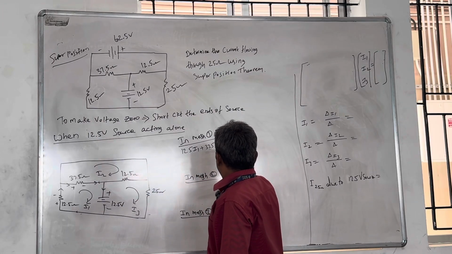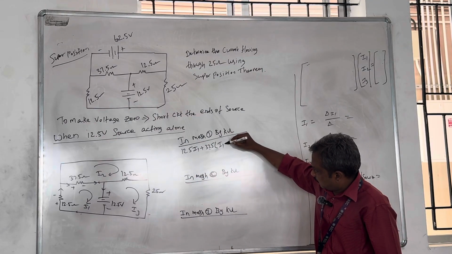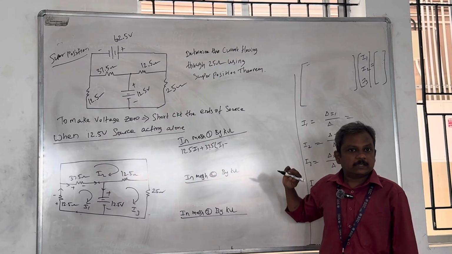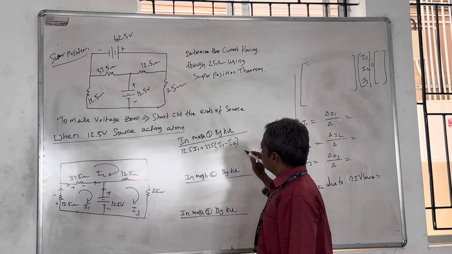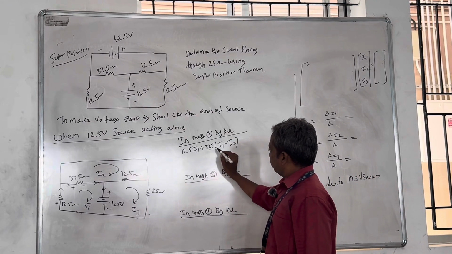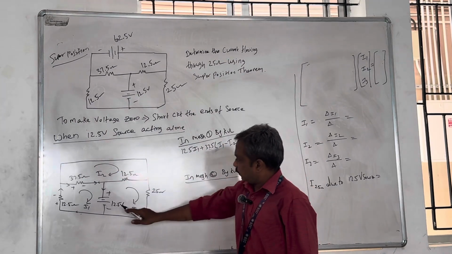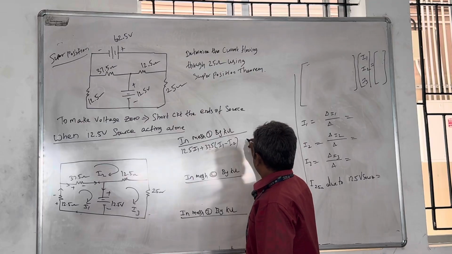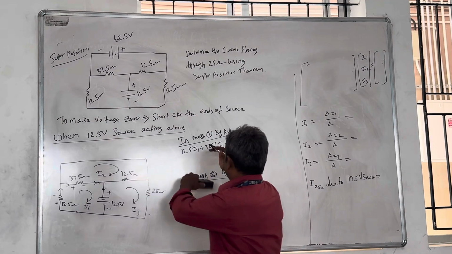So, consider current I1 first, I2 is opposite. So, write a negative sign and enter the value. This is the potential difference in the 37.5 ohm. Then come here plus 12.5, plus 12.5 equal to 0.